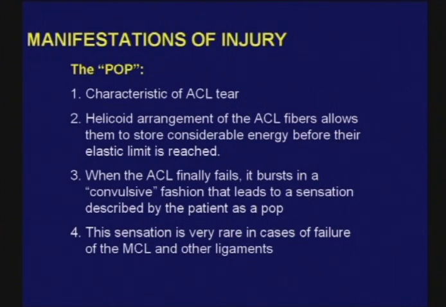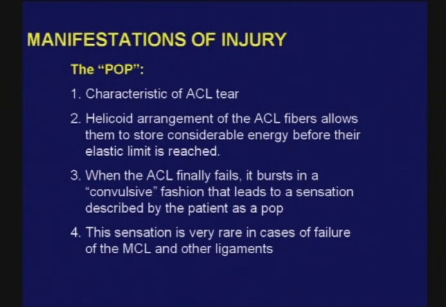You know, in that discussion that I gave earlier, I showed you longitudinal collagen fibers, which make up the major bundles that we see in ligaments. But there are other fibers. I didn't get into them. And in the anterior cruciate ligament, there are prominent helicoid curving fibers. And it is suggested it is the bursting of these helicoid fibers that accounts for a sort of convulsion of the ligament and leads to the sensation that is described by the patient as a peculiar pop.